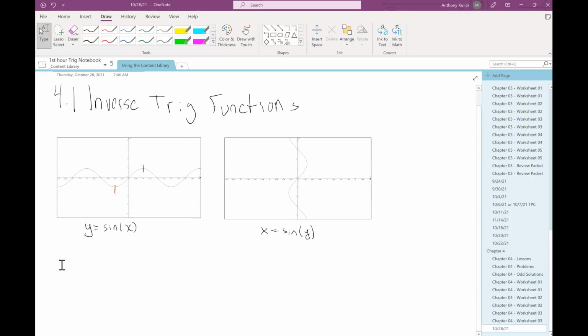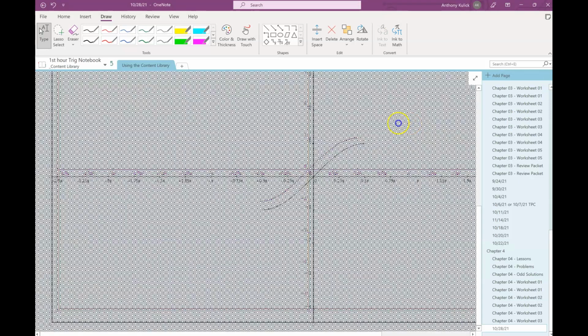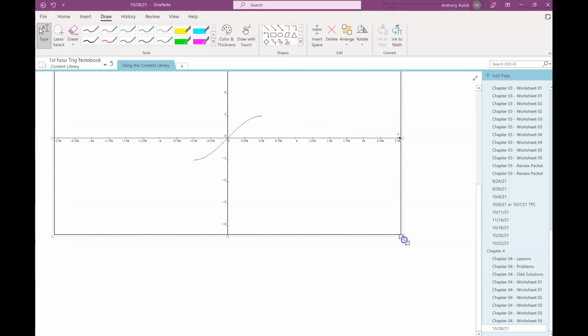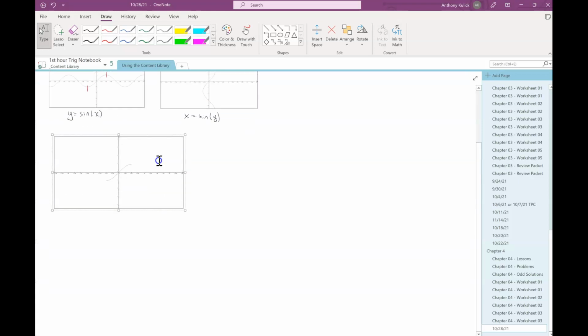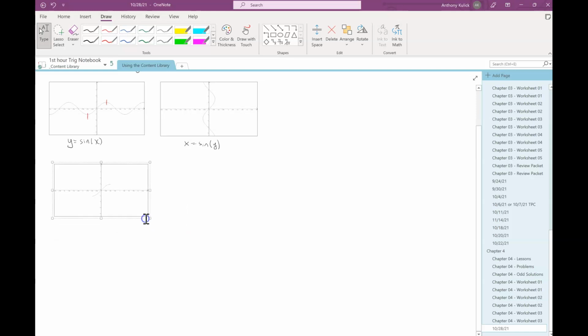So when I do that, I get this graph. Everybody's okay with what I've done?